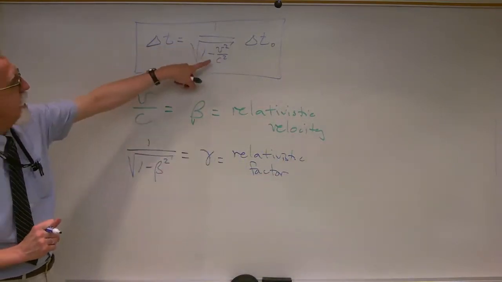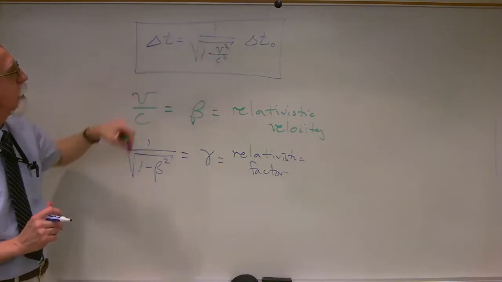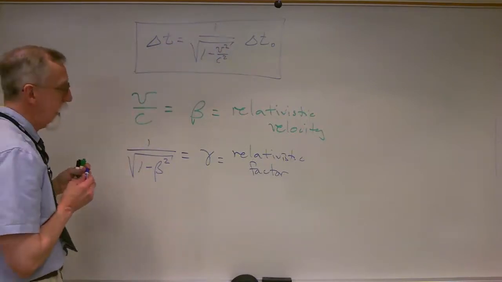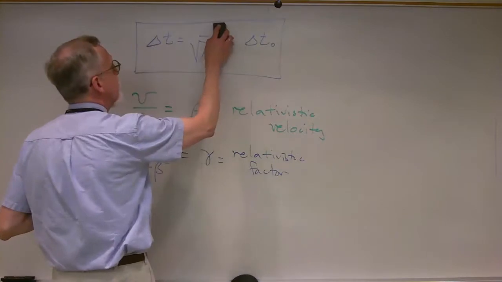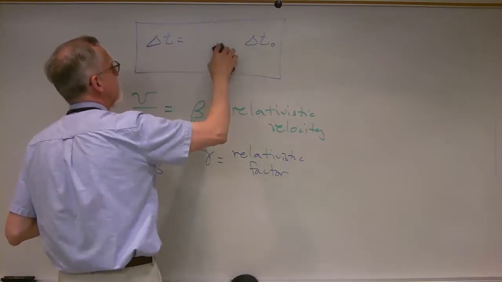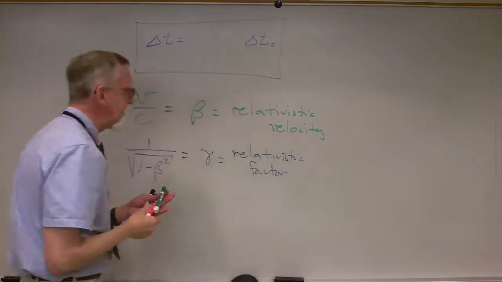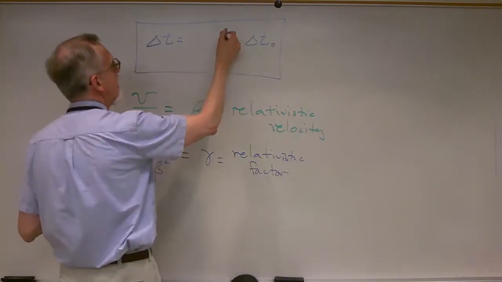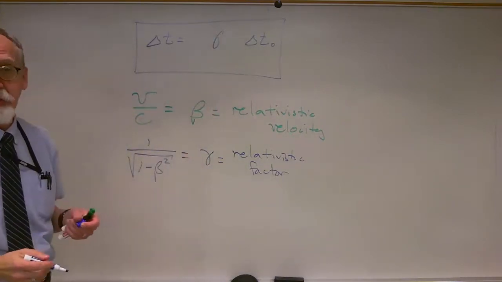Okay, so that then is gamma. So we can rewrite this equation much more simply, although we still mean exactly the same thing, as delta t is equal to gamma delta t naught.